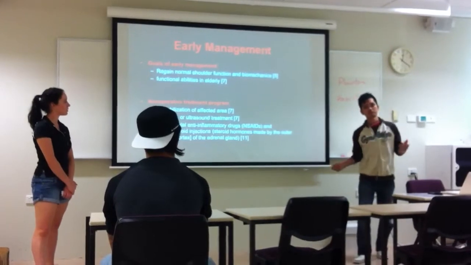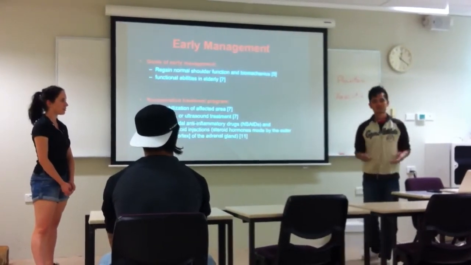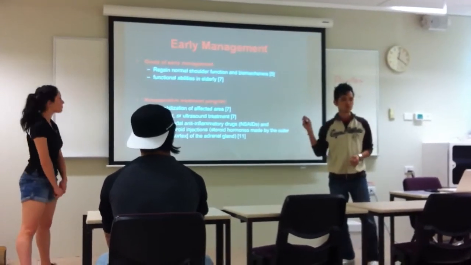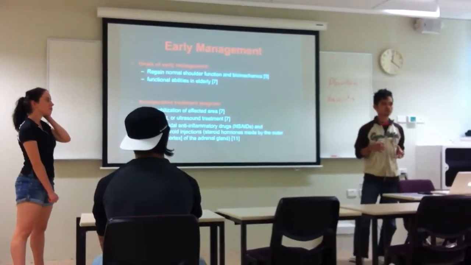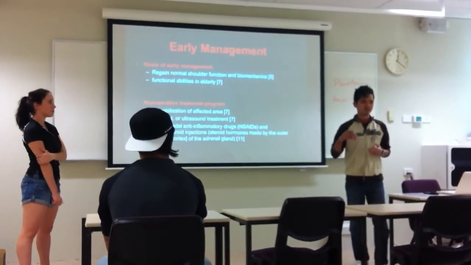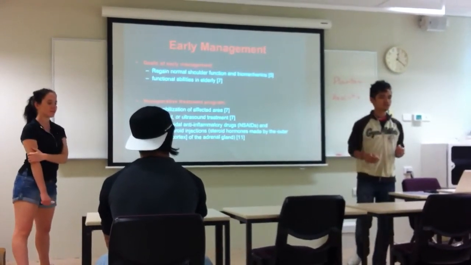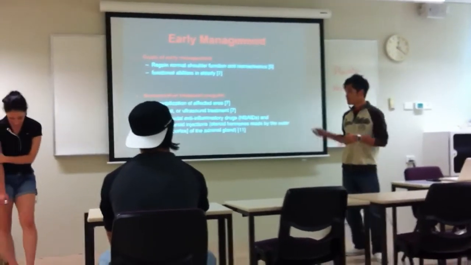In short, it just means your range of motion and your normal natural functions. And for the second point, especially in the elderly, you want them to be able to regain their functional abilities because their bodies are generally weaker and they tend to have more difficulty adapting biomechanically to injuries.